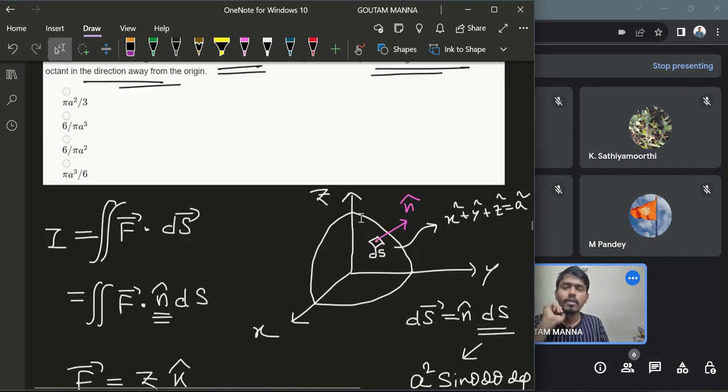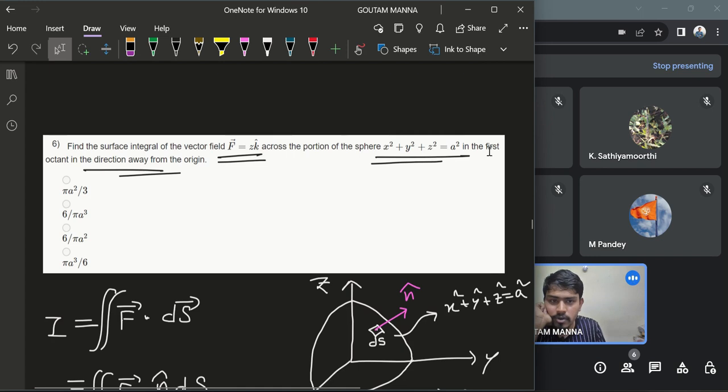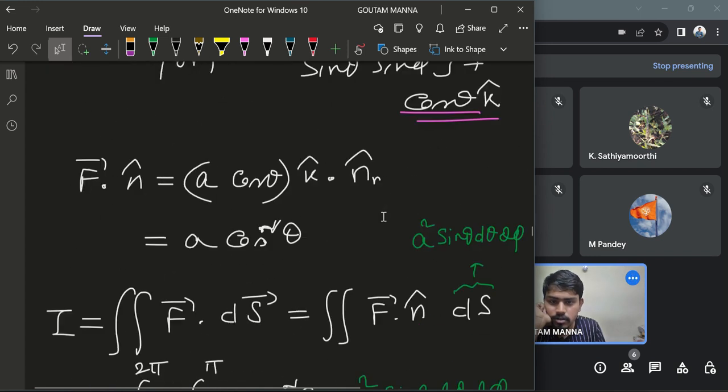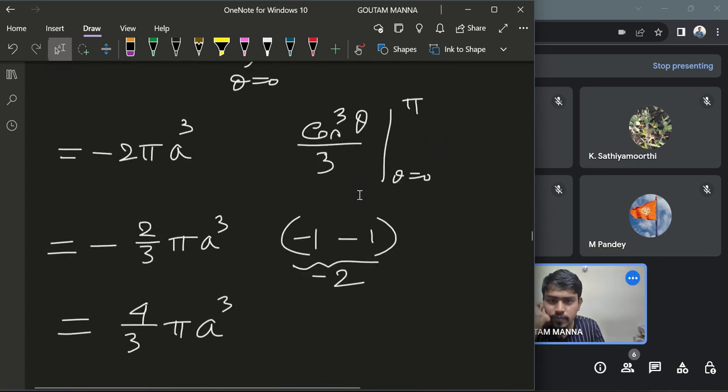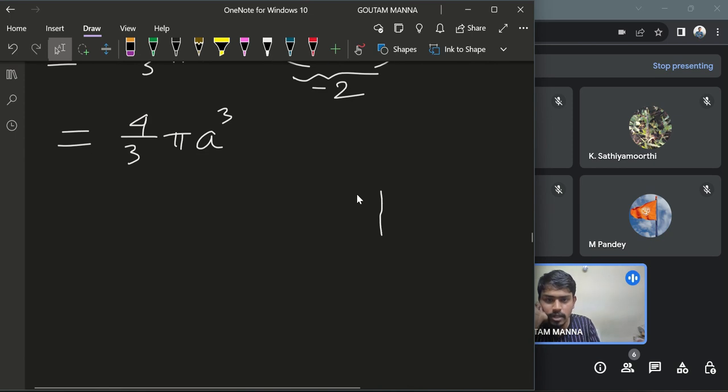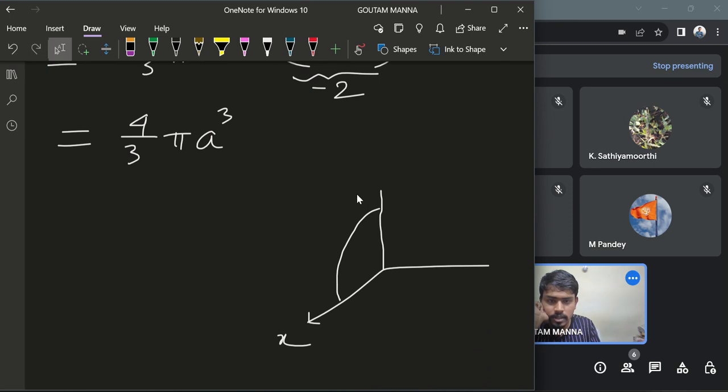Okay. We are asked to integrate in the first octant. So the limits I need to choose carefully. If we want to be in the first octant, with x, y, and z, and this is the radius vector, then this is theta, and this projection angle is phi.